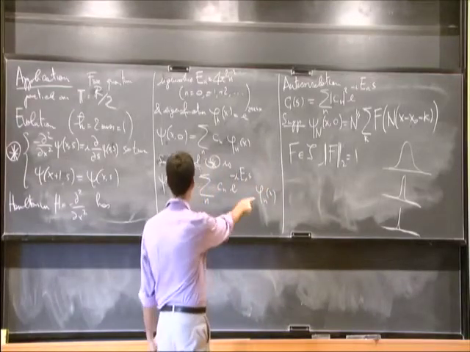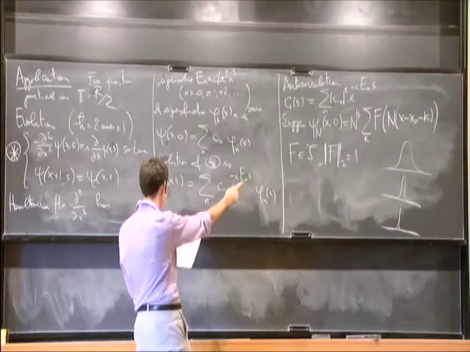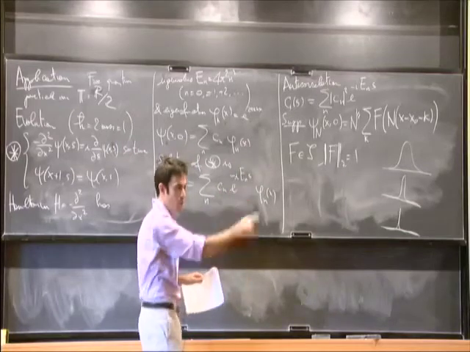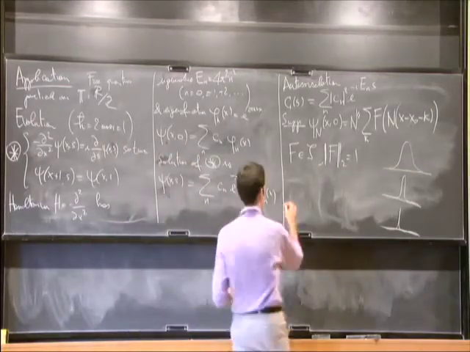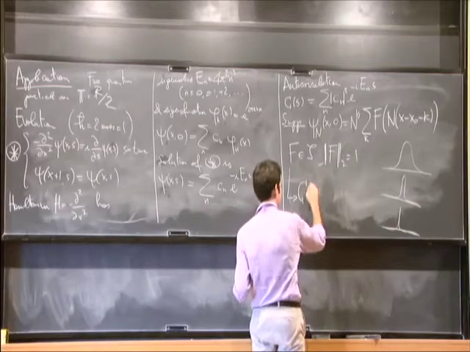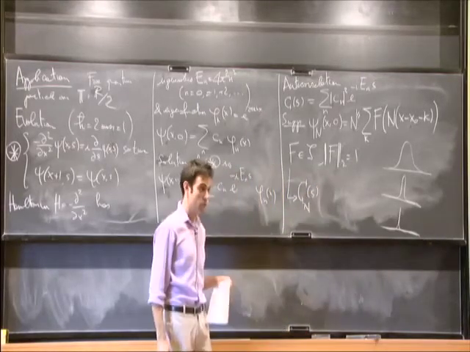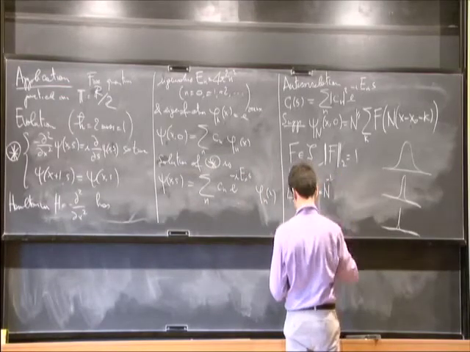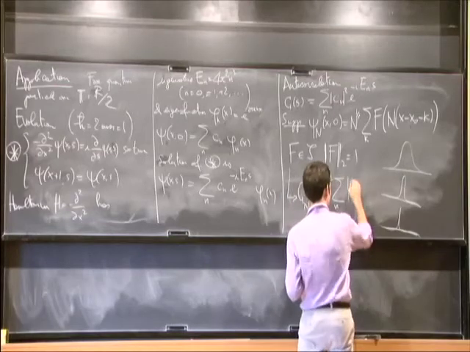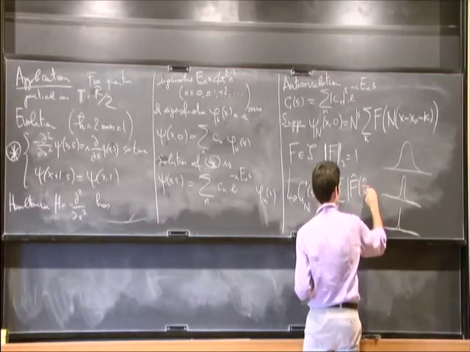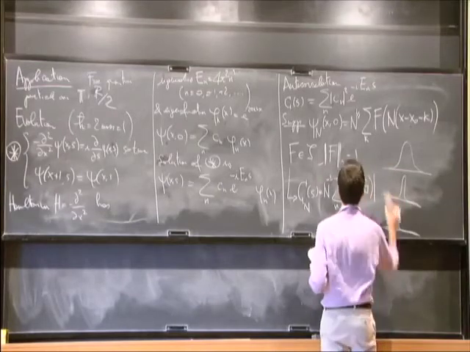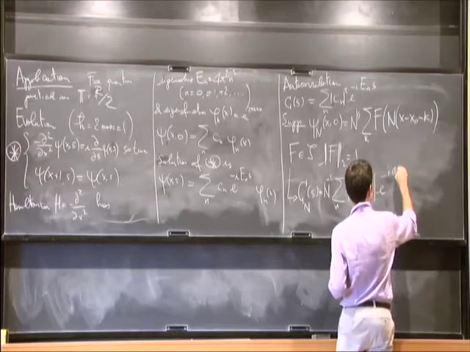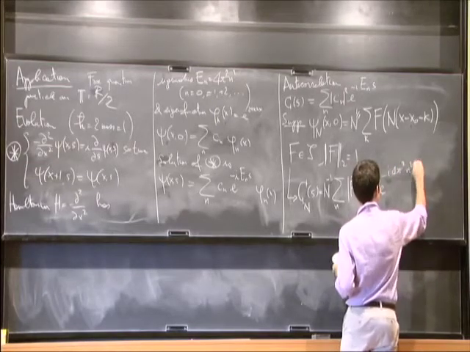Okay, so this is my initial condition. If I do this for this initial condition, you can compute explicitly what the C_n are. They will depend upon the Fourier transform of capital F. I don't want to give you the details. But in this case, C of s, which will depend on N of course, this correlation function is of this form: N to the minus 1 sum over n of F hat of n over N, and then my eigenvalues, like here, e to the minus i 4 pi squared n squared s.